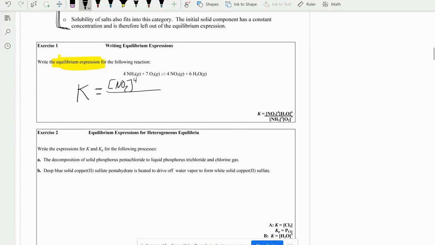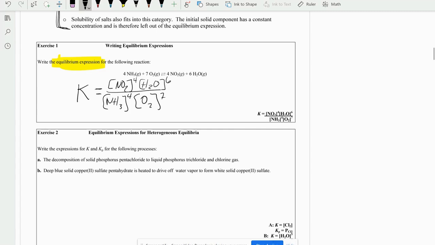Is gas either of those? No. So it will be included in the expression here. So I put the concentration of water and I raise it to the stoichiometric coefficient. All right, and then our reactants go down in the denominator. Ammonia raised to the 4th times oxygen to the 7th.